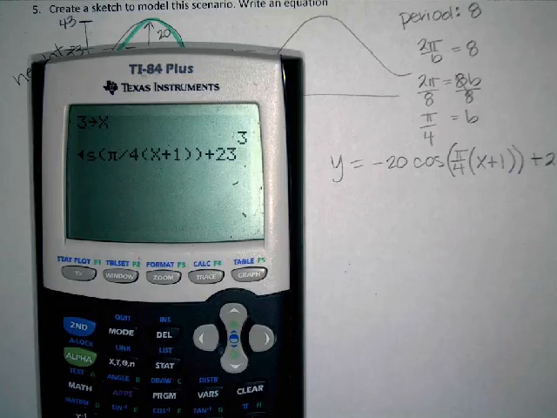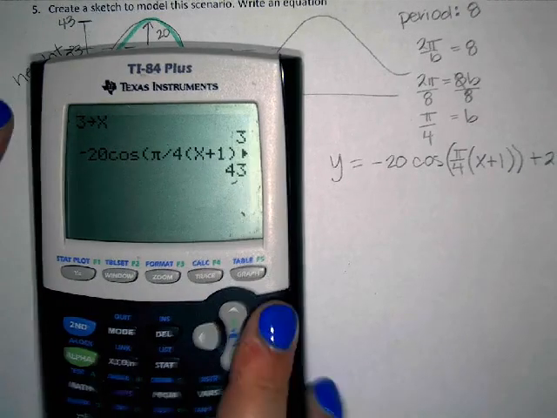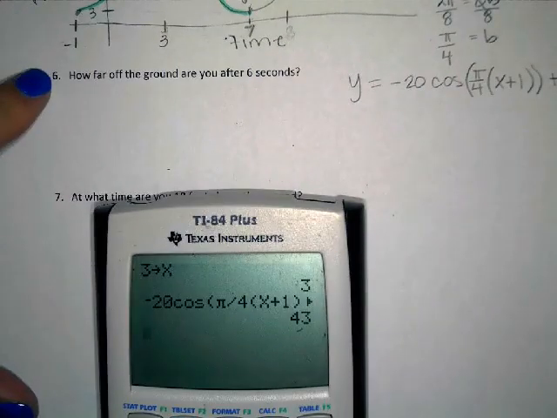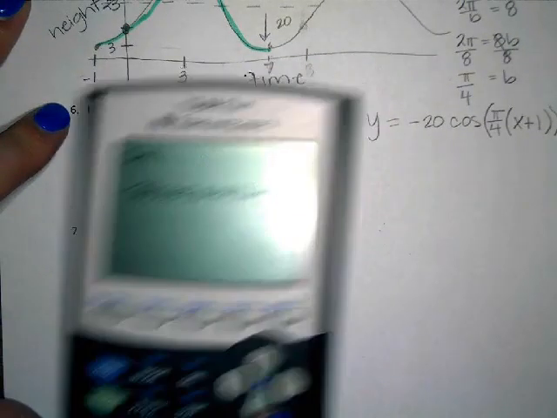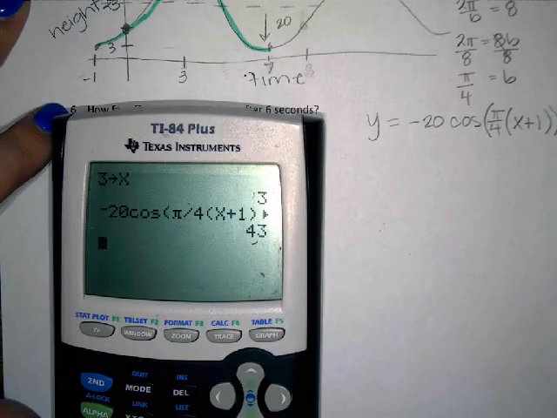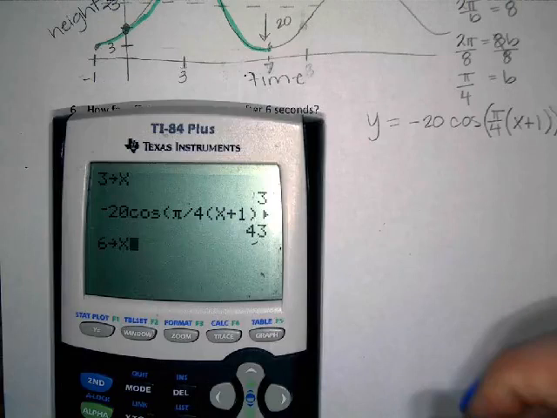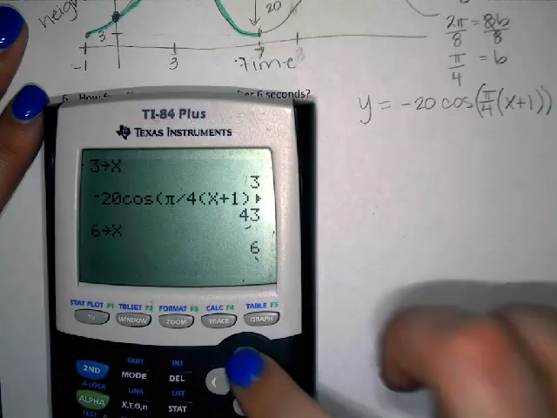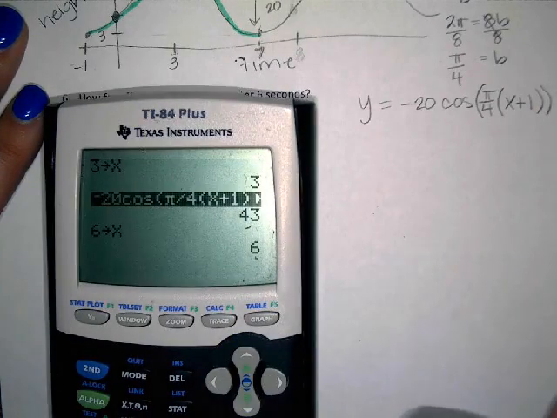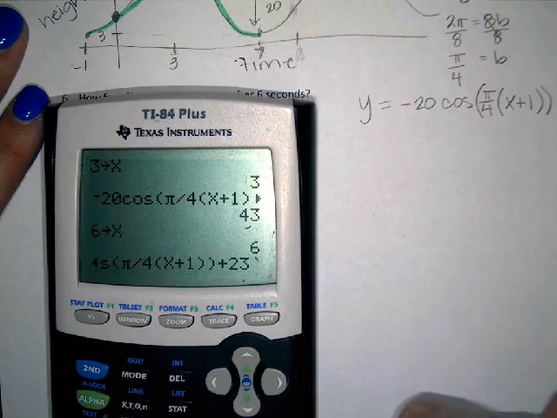Okay, so let's do the rest of it. How far off the ground are you after 6 seconds? So what should we do? Okay, 6 stored as x. I'm going to go back up and copy paste my equation. And what do you guys get? Is it a decimal? Okay, so let's do 3 decimal places.